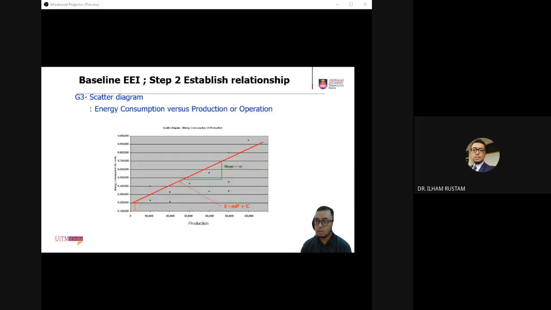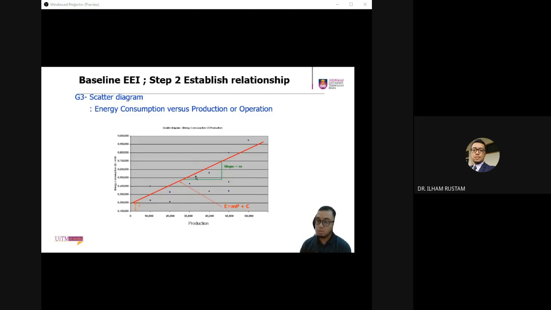So as you can see here, the higher the slope is, the steeper the slope, that means your efficiency isn't as good. If it is almost flat, then the efficiency is good, because that means at this 10,000 production, M let's say, the difference isn't as big compared to this.